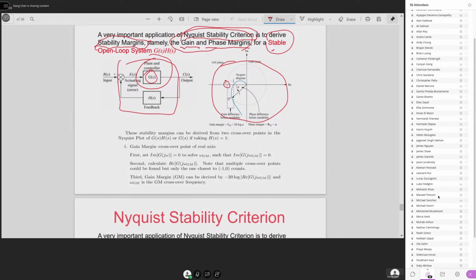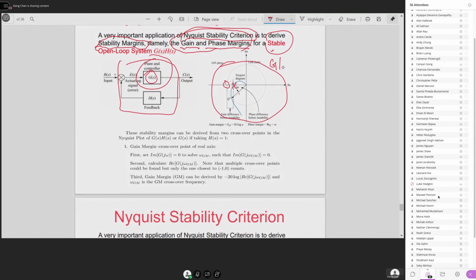In order to evaluate the stability margin, we're going to be concerned about two crossover points. One crossover point is where this Nyquist plot crosses the real axis of the G(s) plane. This is the G(s) plane.